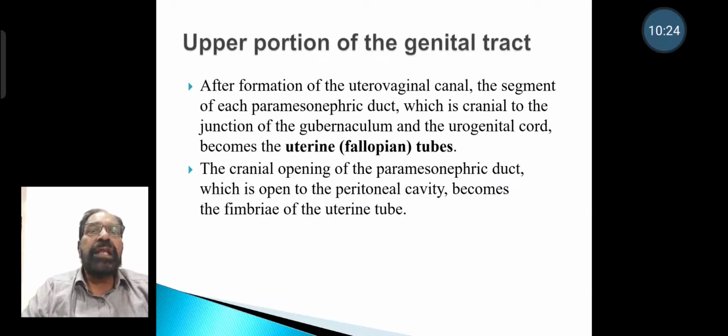Upper portion of the genital tract. After formation of the urogenital canal, the segment of each paramesonephric duct which is cranial to the junction of the gubernaculum and the urogenital cord becomes the fallopian tubes. The cranial openings of the paramesonephric duct, which open into the peritoneal cavity, become the fimbriae of the uterine tube.